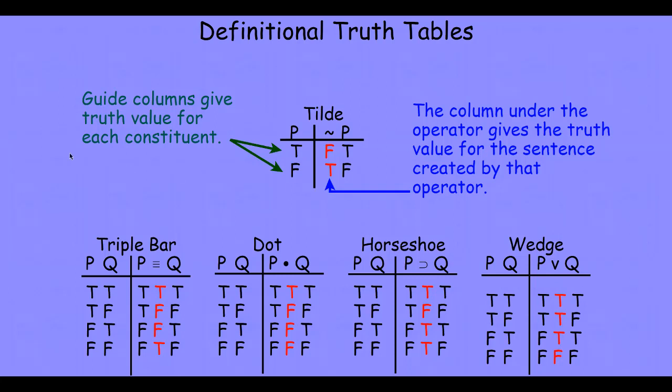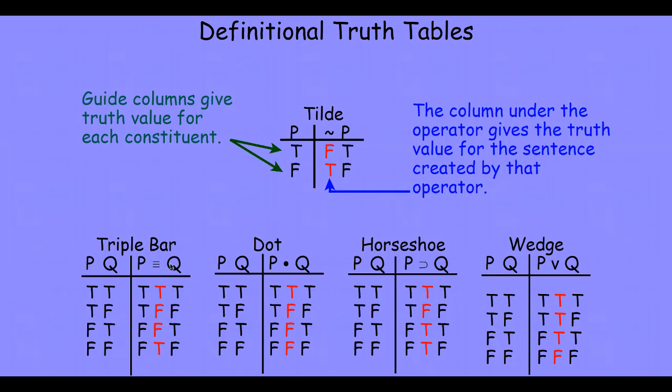What about our triple bar here? Well, again, here are every possible combination of truth values for our simple constitutive statements. Statements here, truth values here, these are called our guide columns. Up here we have our formula, and down here we have the truth values for each of these constitutive statements and for the whole formula itself.